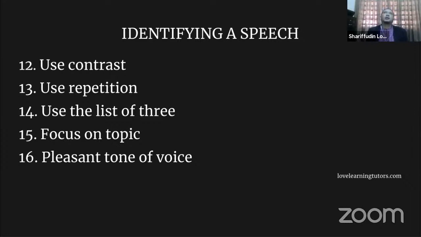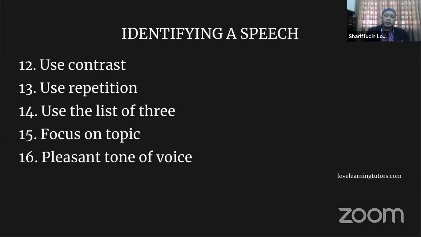Dulu we have this impression that when we hear a speaker, dia mesti ada certain type of voice, suara yang besar, suara yang powerful, suara yang bass, high bass.